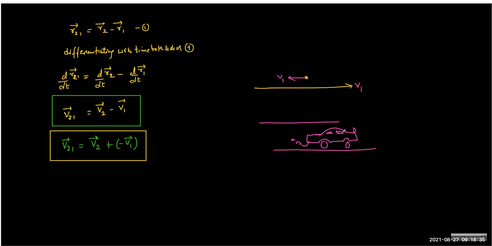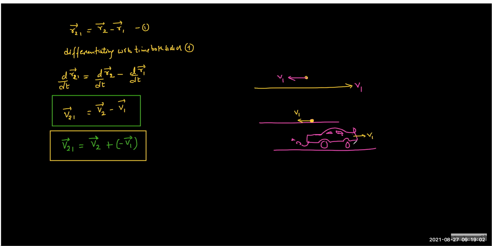Now for any observer in the car, if there's a dog sitting on the road, in which direction will the dog appear for the observer in the car? Opposite direction. So if the car velocity is v1, then what is the velocity of the dog? Exactly v1, right?